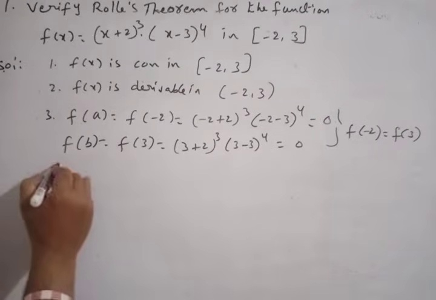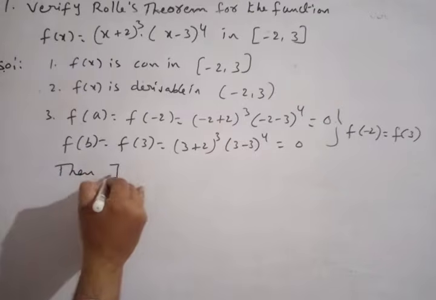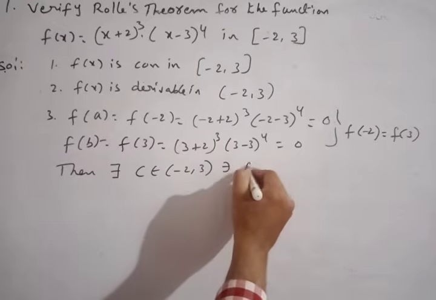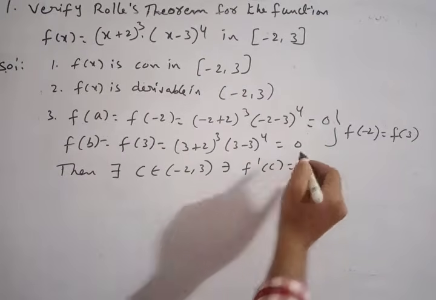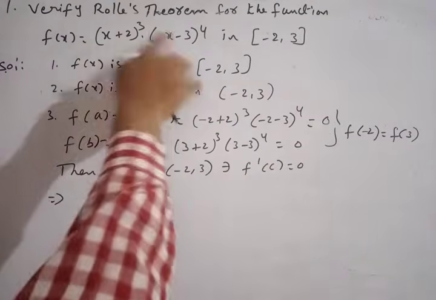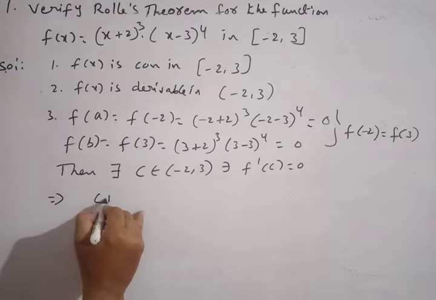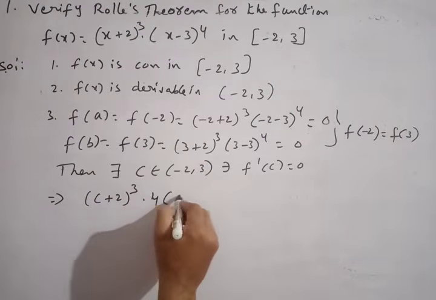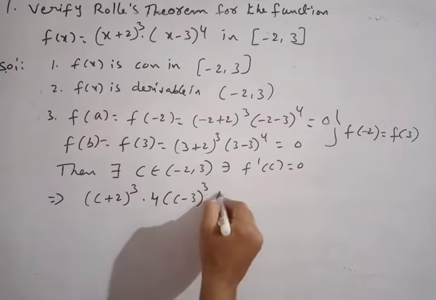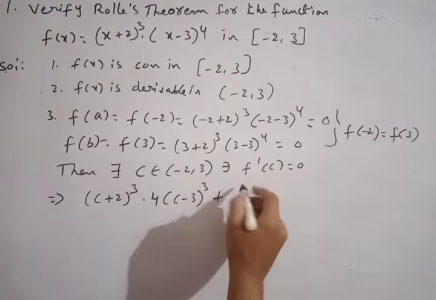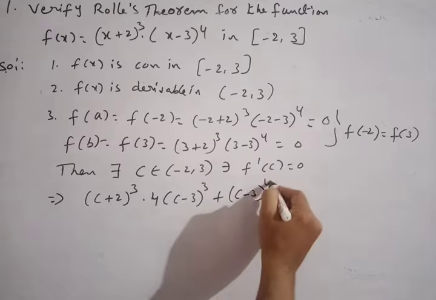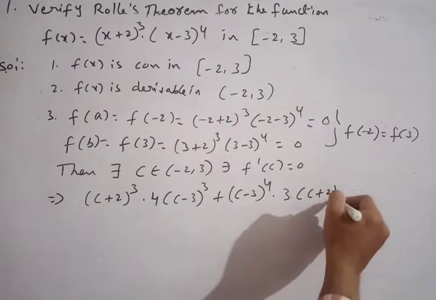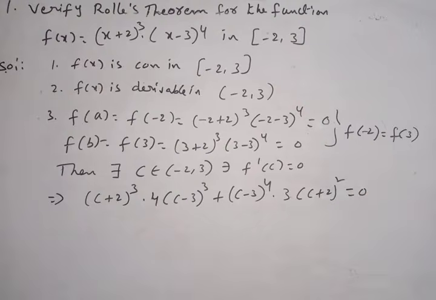Then there exists c belongs to minus 2 comma 3 such that f dash of c is equal to 0. What is f dash of c? UV method: c plus 2 whole cube into differentiation of this part, 4 into c minus 3 whole cube, plus c minus 3 whole power 4 into differentiation of this part, 3 into c plus 2 whole square, is equal to 0.